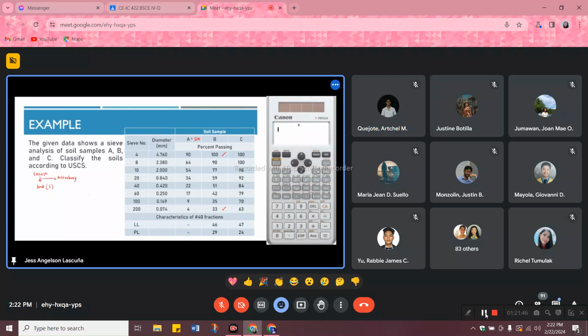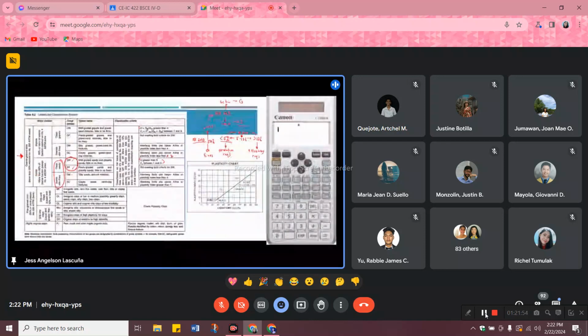So we use Atterberg. For the Atterberg requirements, we have SM and SC. But the bottom line is you will use the plasticity chart.